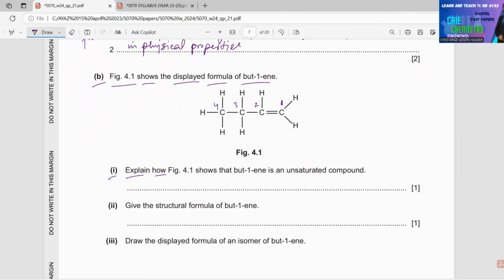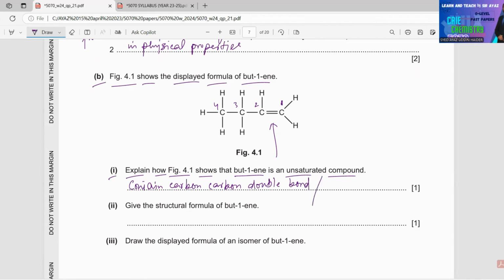Number one, explain how figure 4.1 shows that but-1-ene is an unsaturated compound. So you can write it contains a carbon-carbon double bond. You see, carbon-carbon double bond.